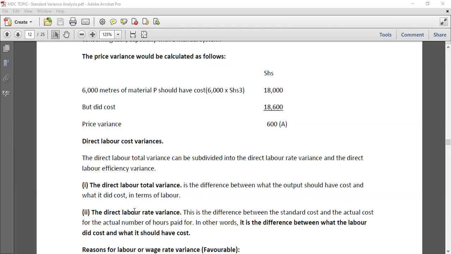Then if you're looking at the sales volume profit variance, or the sales volume variance, as some literatures may call it, then my attention is to look at what was my planned sales volume versus what did I actually sell. So that is very important for you.